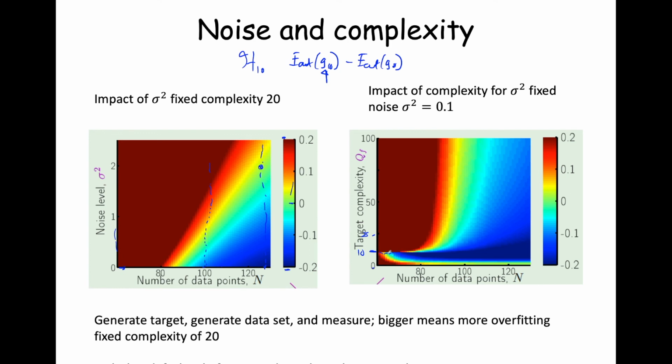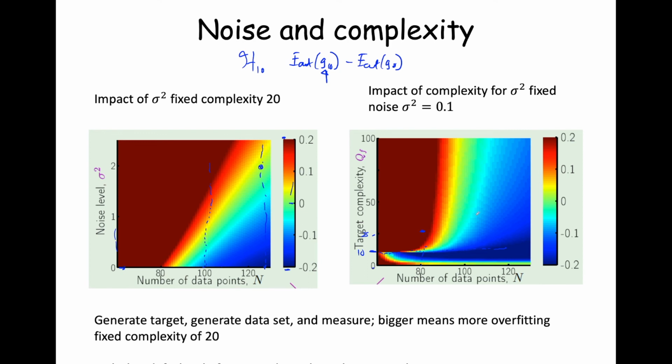As we increase the data points for that degree 10 target function, it has some noise, but not a lot. We see that G10 is not overfitting. We're in this blue region. But say for 80 data points, we're not overfitting, but if we increase the target complexity to 25, we start to overfit severely. This difference is very much larger.